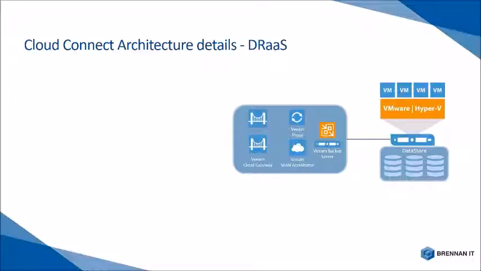Veeam will also create all the routing and communication between the on-premises site and the Brennan IT data center, so that any workload still running on-premises keeps communicating over the WAN to the Brennan IT data center. If we look at that diagram, the Veeam infrastructure will never change. It's the same thing: we will see the Veeam backup server and the cloud gateways.